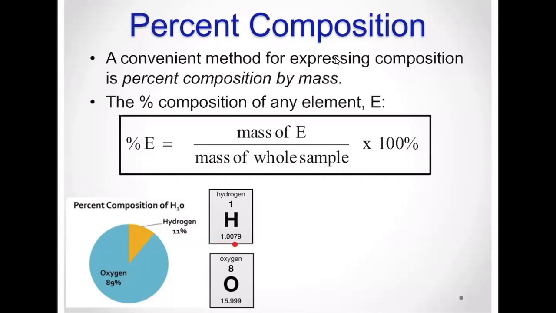So the mass of it is much smaller than the mass of oxygen, which is close to 16. So about 1 for hydrogen and about 16 for oxygen. When you look at the percentage of mass for each element in water, it's 11% hydrogen and 89% oxygen.